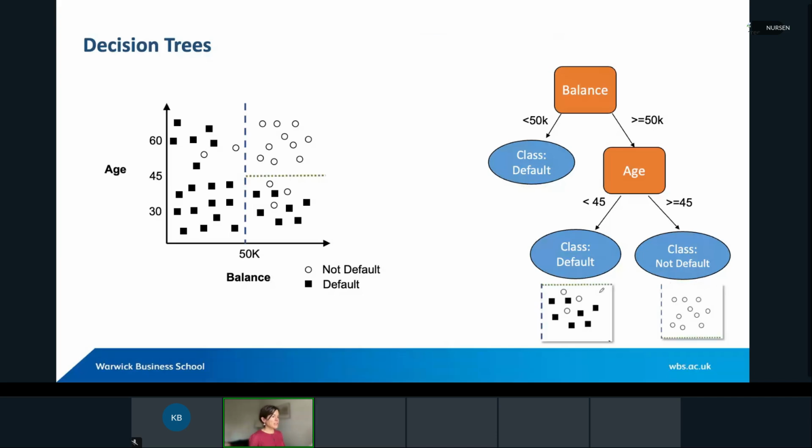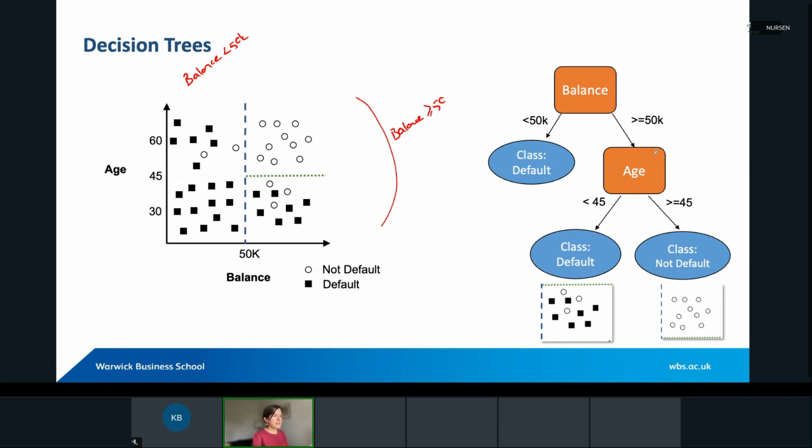So here, for instance, we divide the decision tree first with respect to balance and then with respect to age. So this is where we have balance less than 50K.